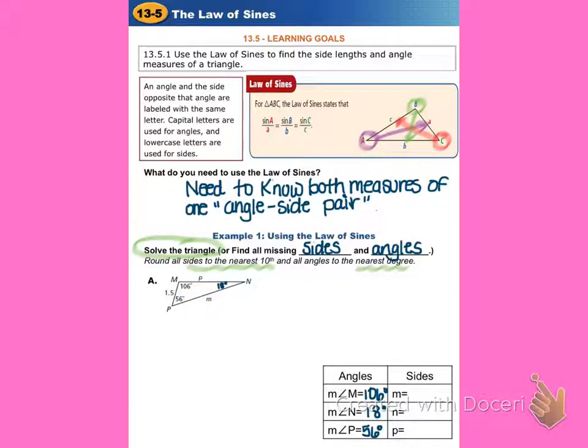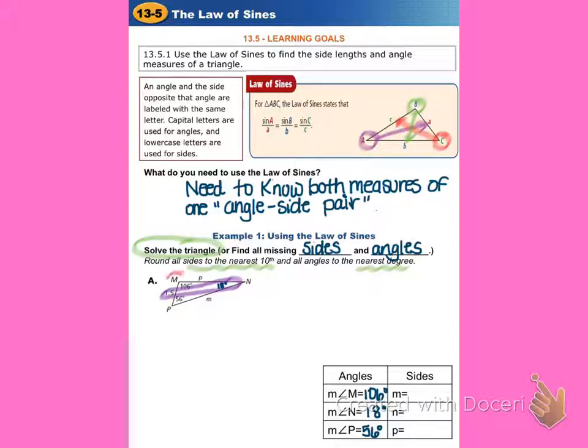Okay, so when I use the law of sines, I like to start off by taking a look at my triangle and matching up the angle side pairs. And I like to do them with little loops. So I take my highlighters or whatever, and I'll circle the ones that go together. So I know that angle N and side N go together. So I've got that angle N side pair. That's the checklist I have to make in my mind and say, can I use law of sines? Well, I've got that.